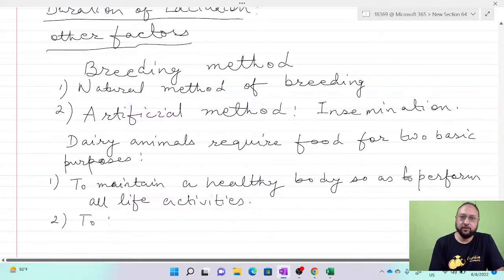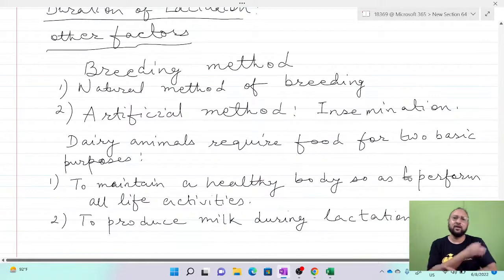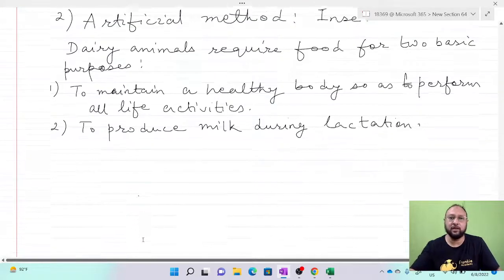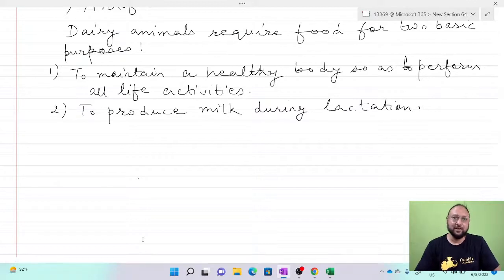And to produce milk during lactation. These are the two very simple points, and you know why food is needed by the animals, because you are interested in getting milk. For that it is important for the animal to be healthy and to perform all the life activities smoothly and effectively.